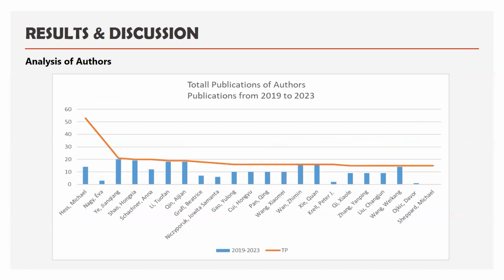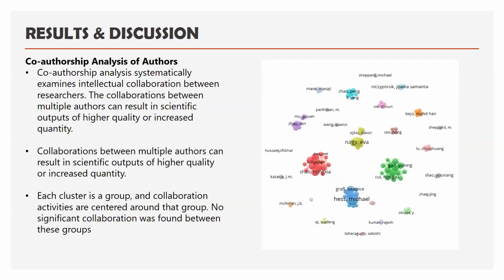This graph compares the total publications of the authors with their publications in the recent era from 2019 to 2023. Some authors, Yi Jiangqiang, Shao Hangzia, Qin Eijan, and Viking Wang, have their total publications in the recent era, which suggests that they are emerging authors.